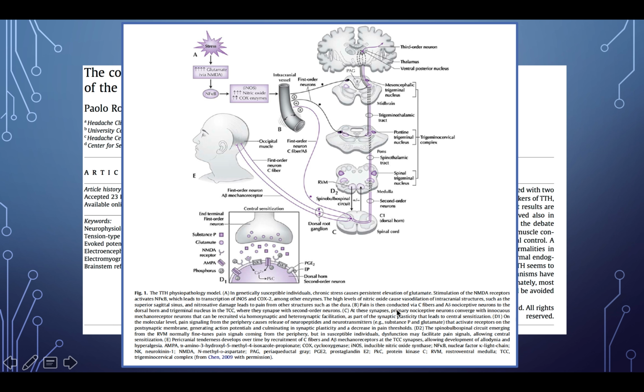Pain is then conducted via the C fibers and some of the A fibers to the dorsal horn of the trigeminal nucleus. So you'll see that kind of going in here. The trigeminal nucleus lives down here, and that's in the pons. So you'll see it fire into there.